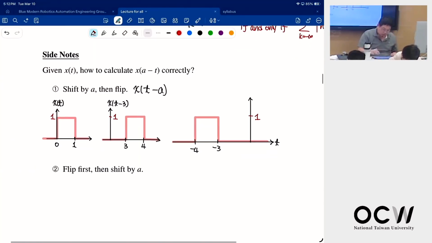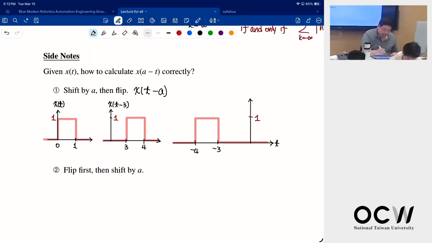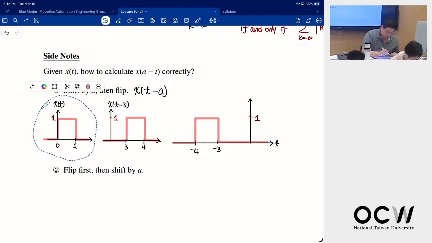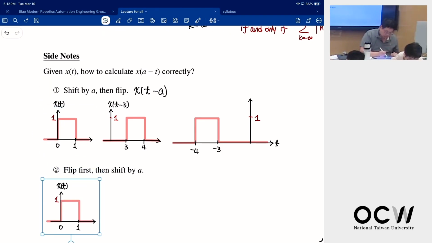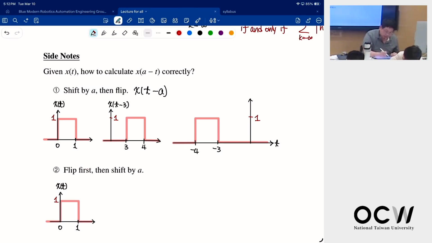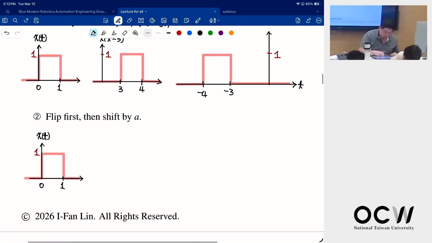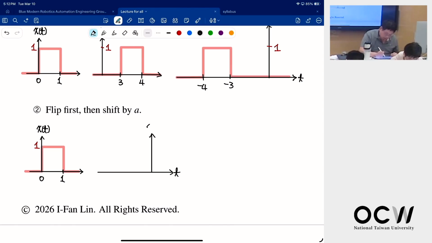And then if I flip first, then shift. If I flip, then I'll get x of minus t, from 0 to minus 1. This is 1. And then I shift by a, shift by 3.